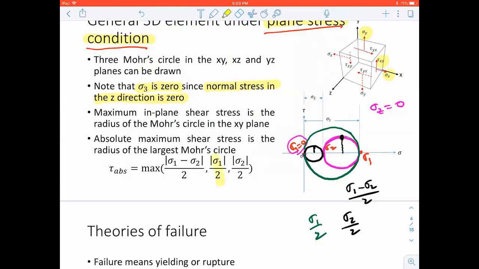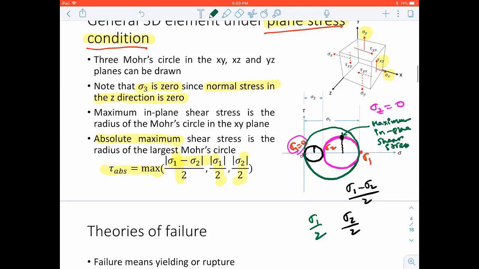So these are the 3 radii we have. Whichever gives you the max value will give you the absolute maximum shear stress. But this one is your maximum in-plane shear stress, in-plane because this is the circle which considers the normal stresses in the x and y directions.